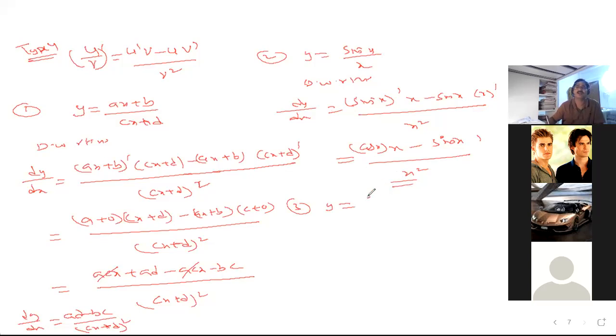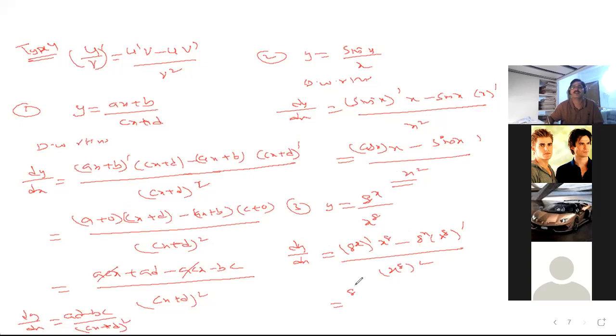Suppose I take 8 to the power of x by x to the power of 8. dy by dx is what? (8 to the power of x) dash times x to the power of 8, minus 8 to the power of x times (x to the power of 8) dash. Am I right, sir?